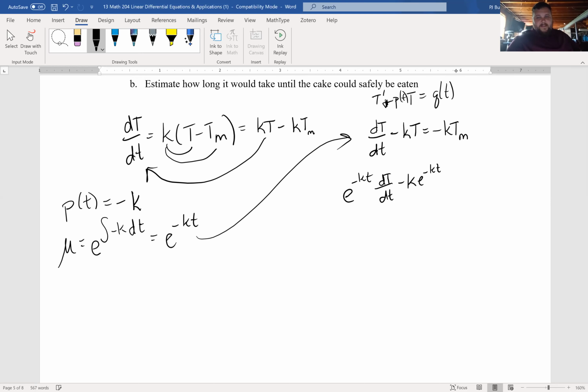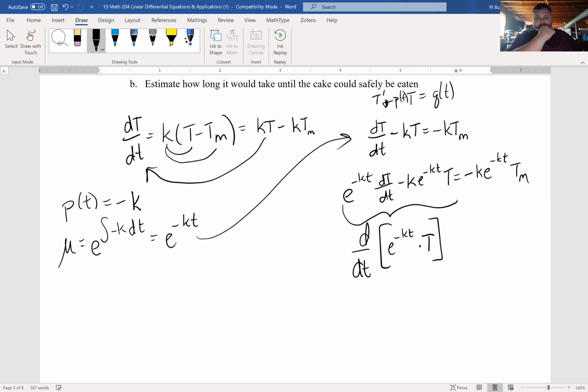And I purposely write it this way because I know that I'm going to check myself by taking the derivative. So this side better be the derivative with respect to t, time, of the integrating factor times the variable which the differential equation is over, which is big T temperature. So again, check yourself.